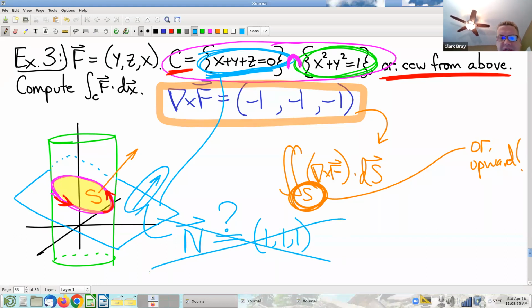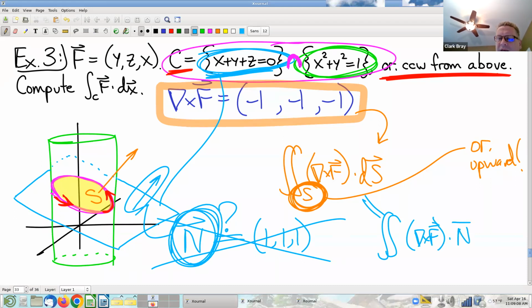When you're using this capital N thing here, when you're going to rewrite your flux integral as an integral of curl dot capital N ds dt, the point is this has to be the parameterized normal vector.